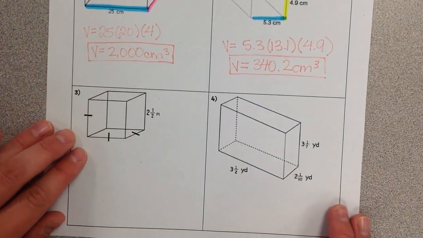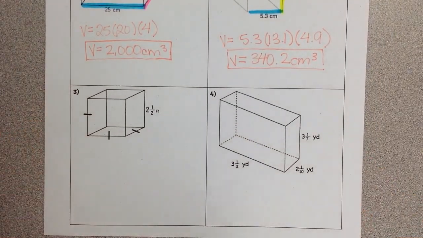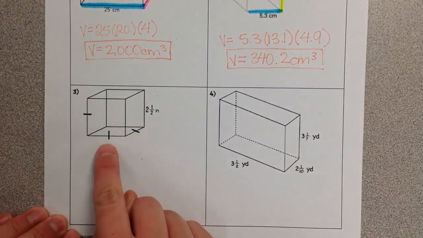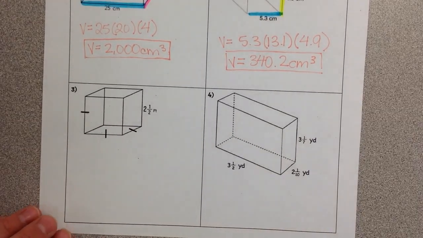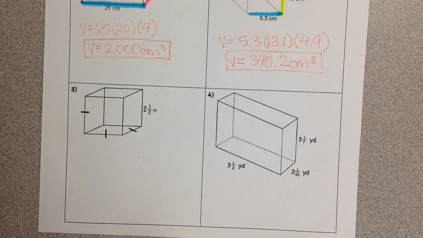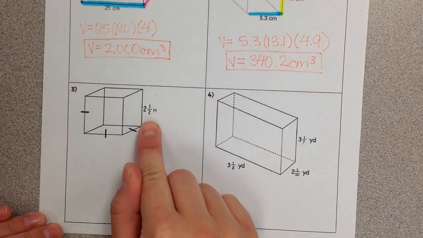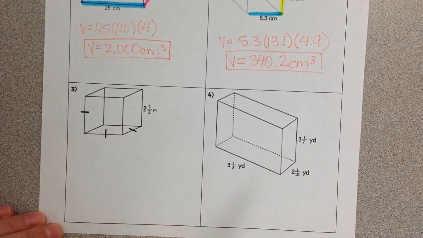Moving on to examples 3 and 4. As a reminder, when you see these tick marks, that means that all of these lengths are congruent. So if I were to highlight my length, my width, and my height, even though I only have one number here, my fraction, I know that these are all going to be the same.